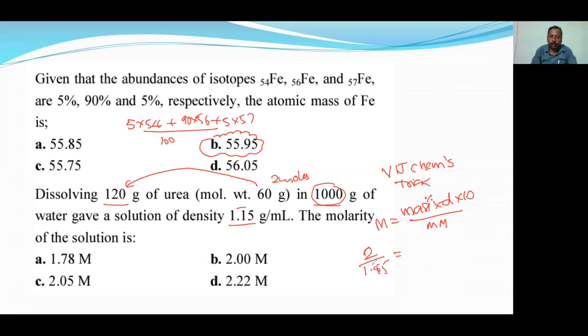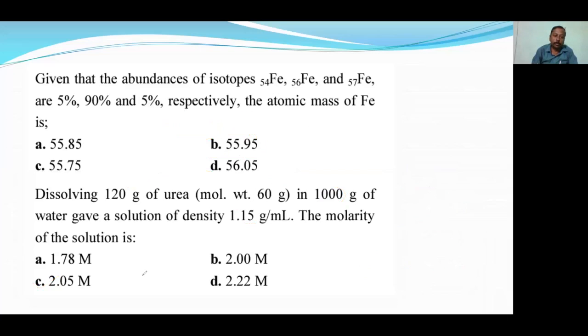Density, sorry, here it will be 1000 divided by 1.15. Then you will get the answer 2.05. What is the answer you are going to get? 2.05 molarity. Noted. Now let's go to the next question.